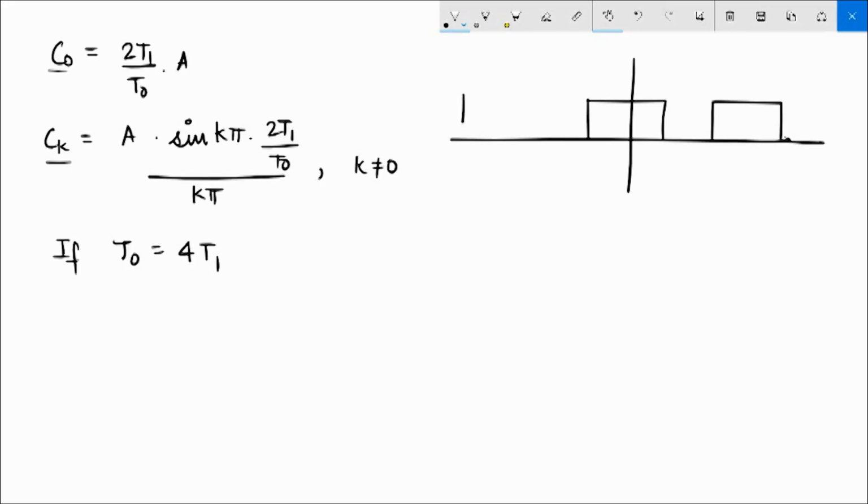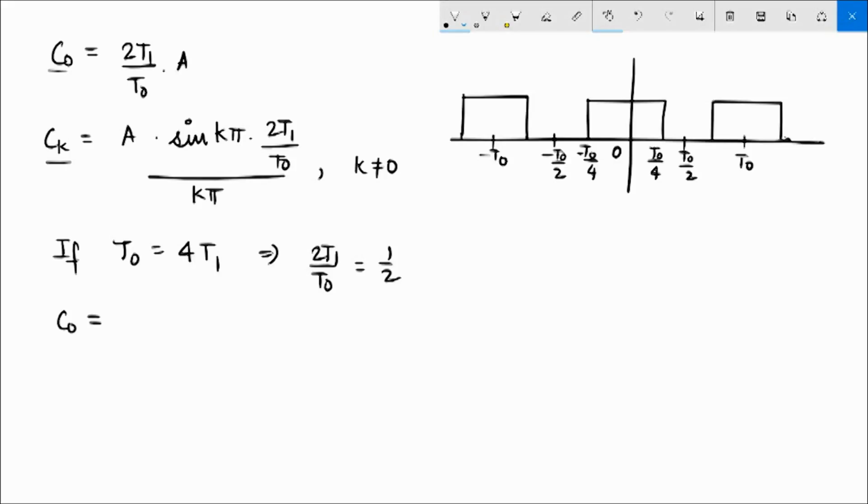That means the total duration of on time is same as off time. So this is t naught by 4. This is minus t naught by 4. So t1 is basically t naught by 4. So this implies that 2t1 by t naught is actually 1 by 2.